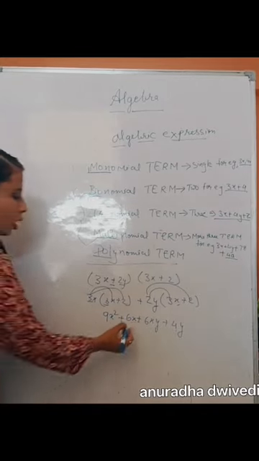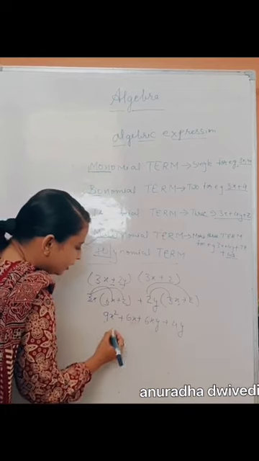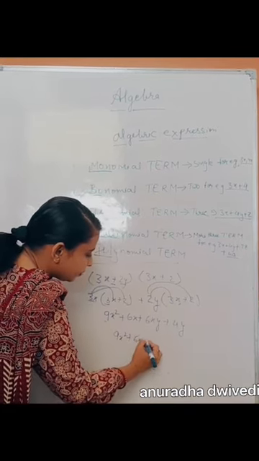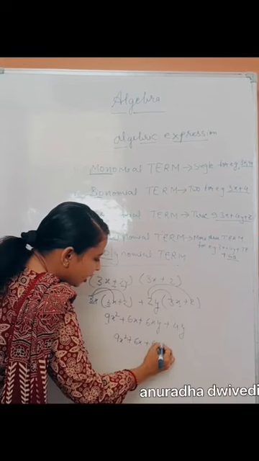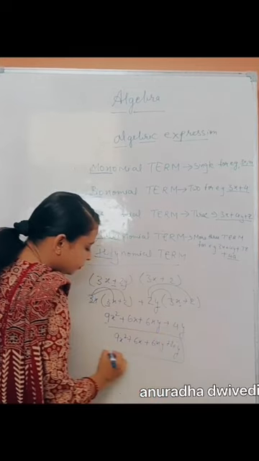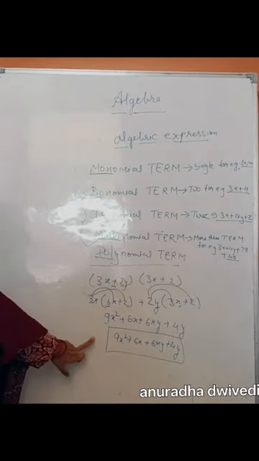We solve with the same terms. Now we write in increasing order, that is 9x square plus 6x plus 6xy plus 4y. This is the multiplication of algebraic expressions.